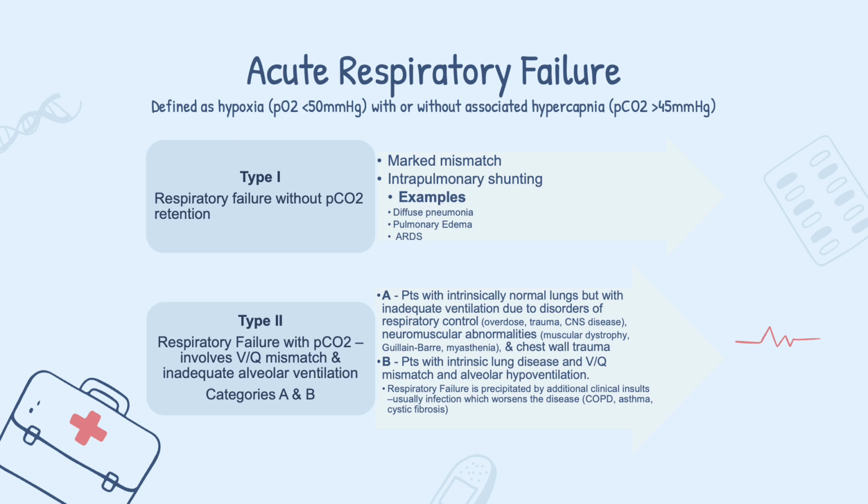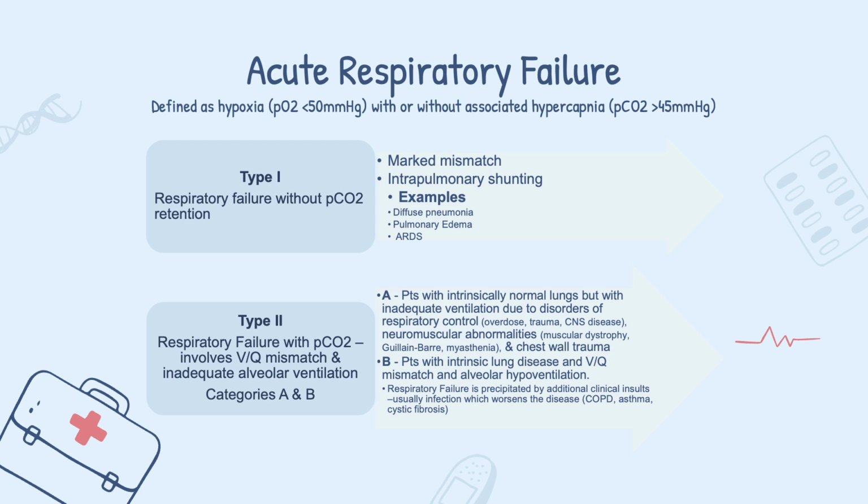Type 1 is respiratory failure without carbon dioxide retention. So there is a marked VQ mismatch. Usually it's that intrapulmonary shunting. Examples of this are diffuse pneumonia, pulmonary edema, or ARDS.